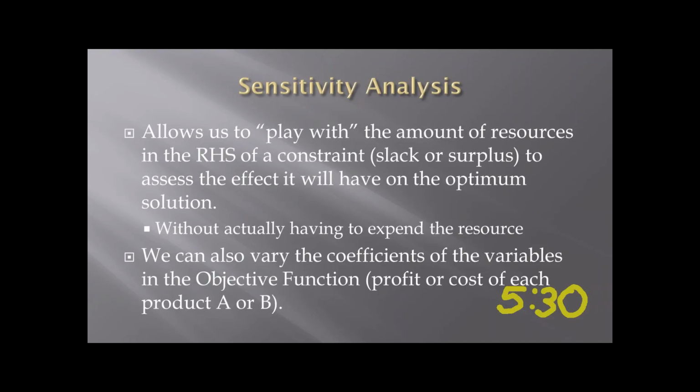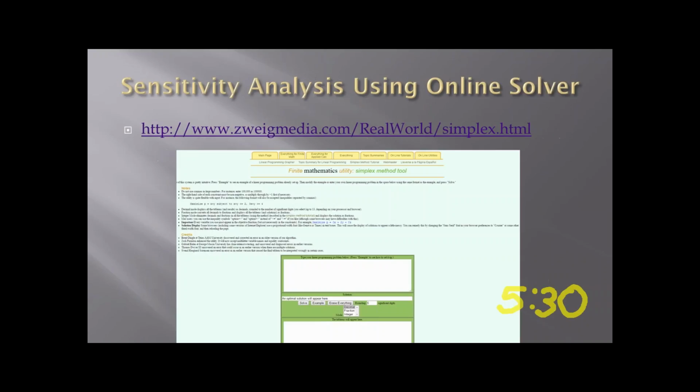It's allowing us to play around with the amount of extra resources, increasing them or decreasing them, and also play around a little bit with the cost or profit of your E's and L's, your Lady Sports and your Easy Riders, without actually having to lose money doing so. That's why we need to know that dual value, because it tells us how much we can play with those right-hand side values and increase our bottom dollar.